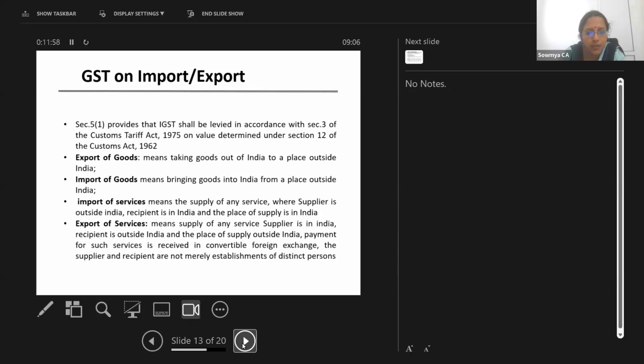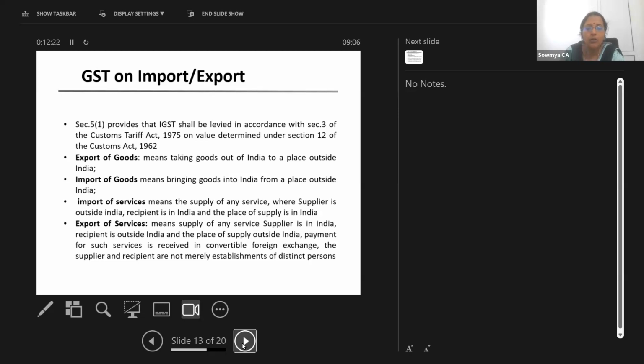And what is export of services? There are 5 conditions specified for export of services. The basic 3 conditions are that the supplier should be in India, the recipient should be outside India, and the place of supply should be outside India. An additional 2 conditions are that the payment should be received in convertible foreign exchange, and the recipient and the supplier are not merely establishments of a distinct person.